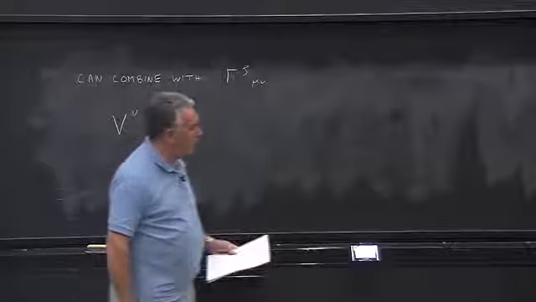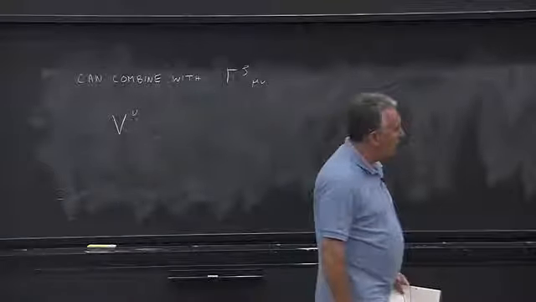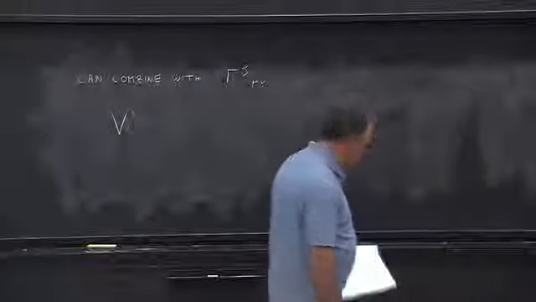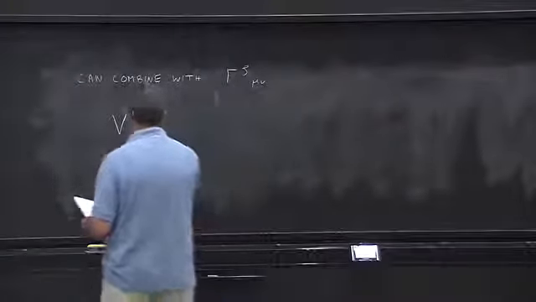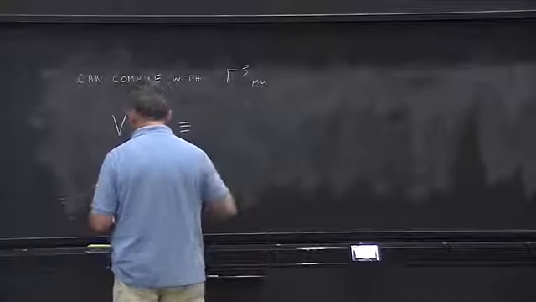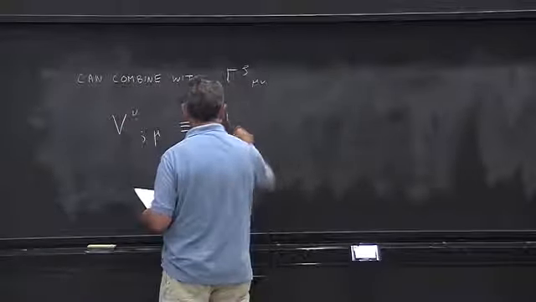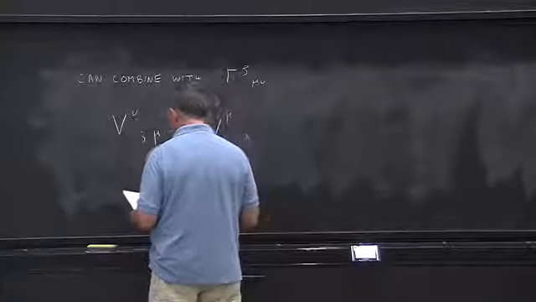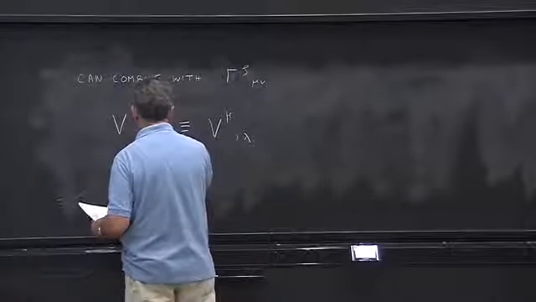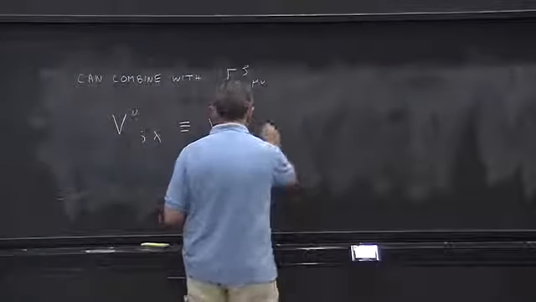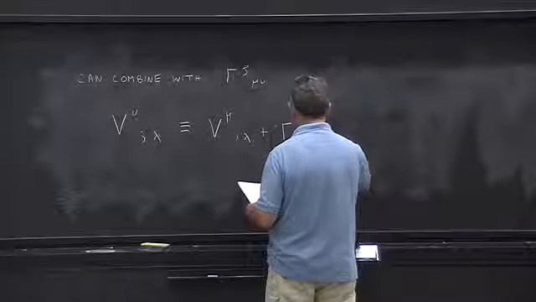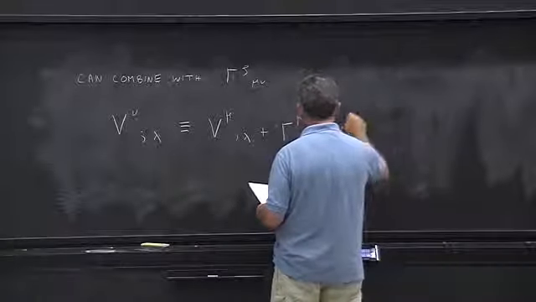Now, the convention we're going to adopt is that an ordinary derivative is a comma μ, but we can define a semicolon μ to be the comma, should we call it lambda, plus Γ^μ_λκ V^κ.